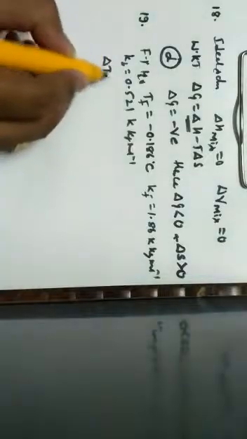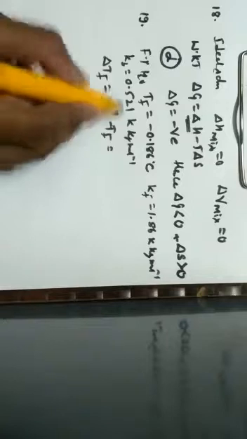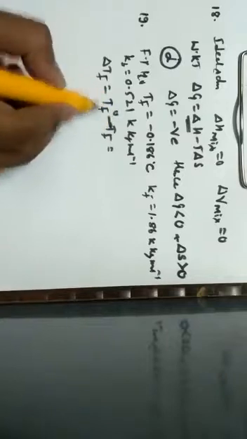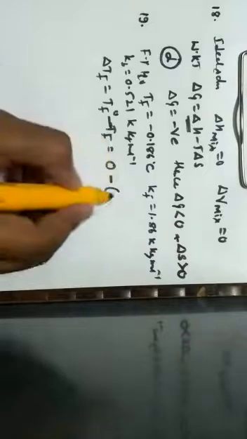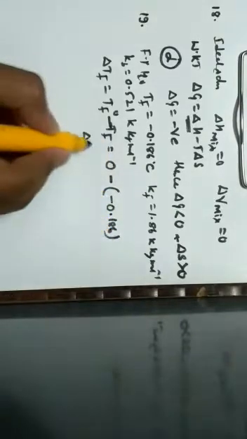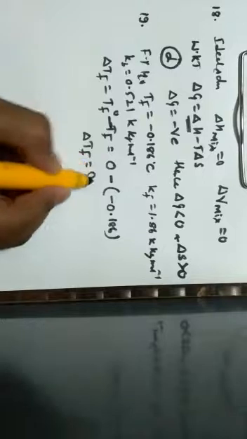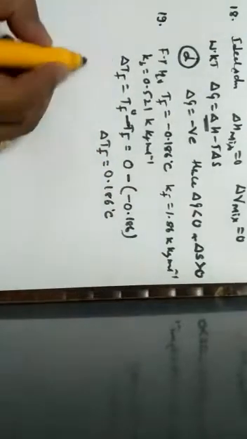Here we know that delta TF is equal to TF naught minus TF. TF naught is the freezing point of pure water, that is 0. Its freezing point has decreased to minus 0.186. Therefore, the value of delta TF is 0.186 degrees Celsius.